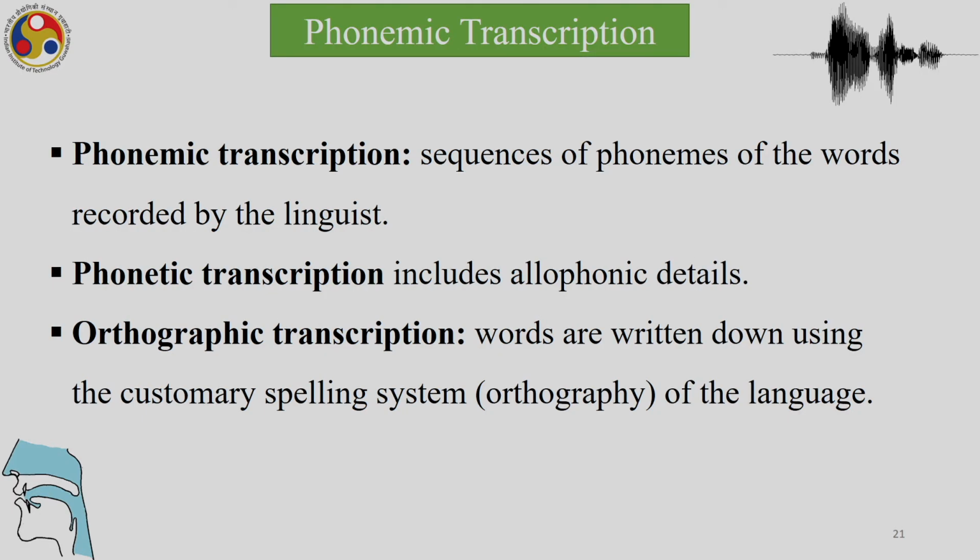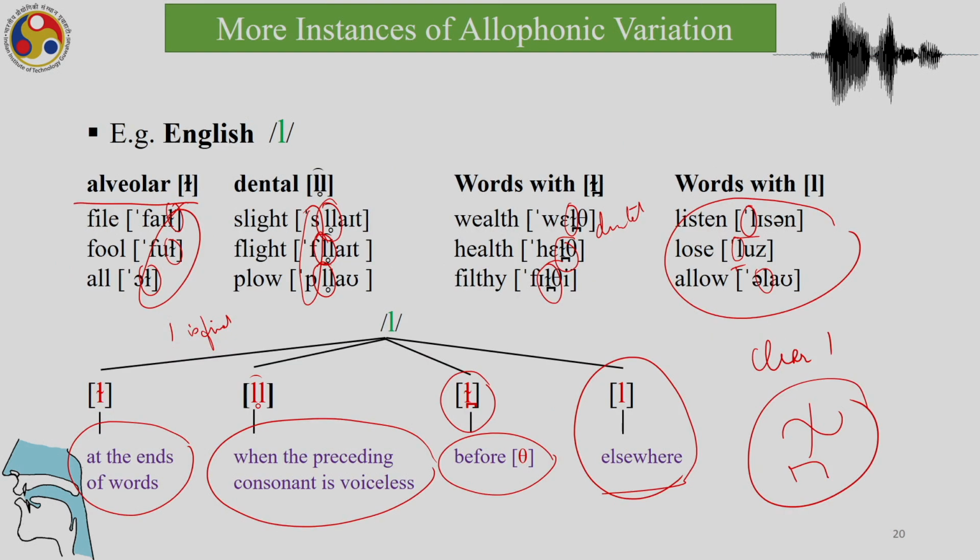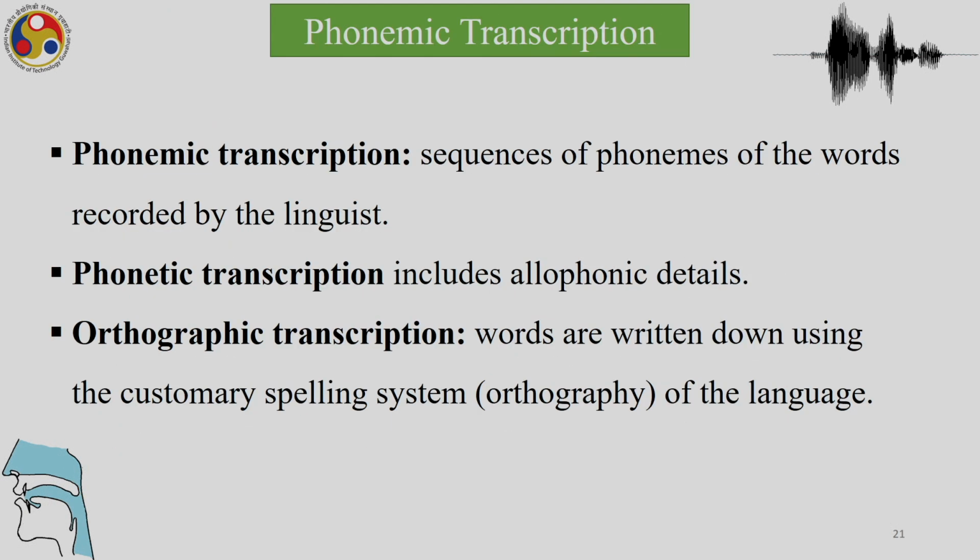Phonetic transcription includes allophonic details. These are the allophonic details that we saw just now, of the darker L and the dental L, and this is called phonetic transcription. If we do not add the phonetic details of the environment, then we have a phonemic transcription.